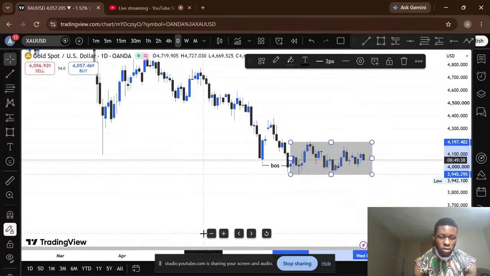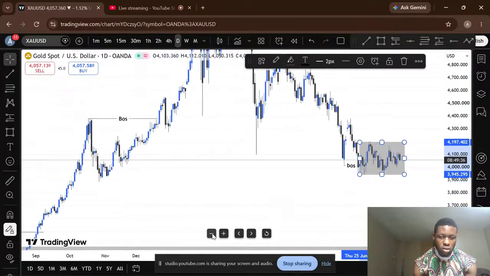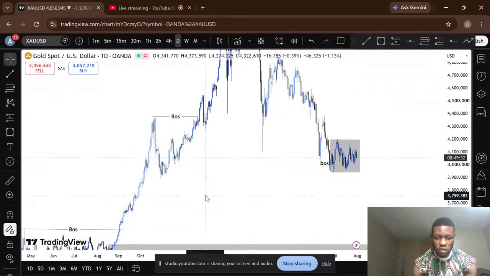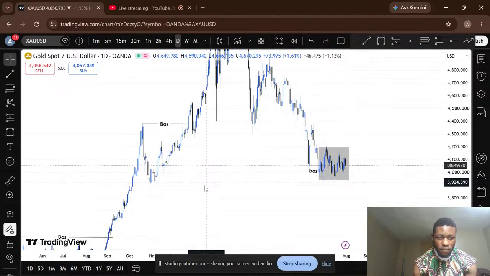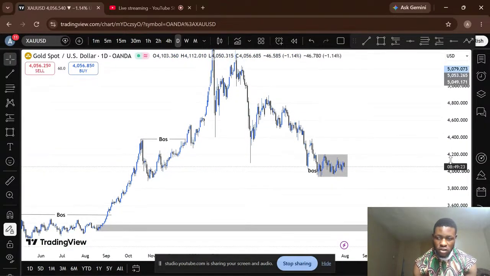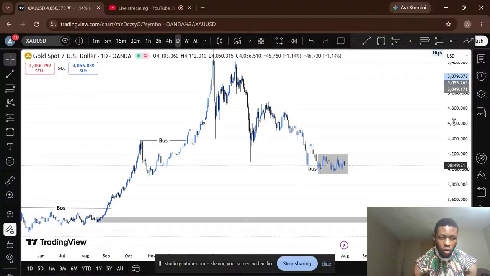If we zoom out, we are going to see the reason why price is consolidating here. When price was moving up initially, price was creating a series of higher high, higher low.